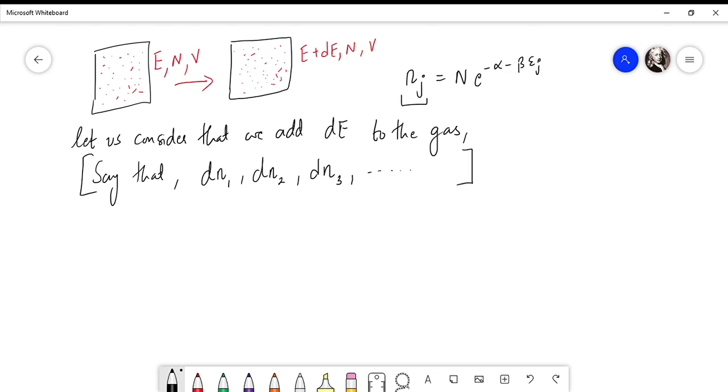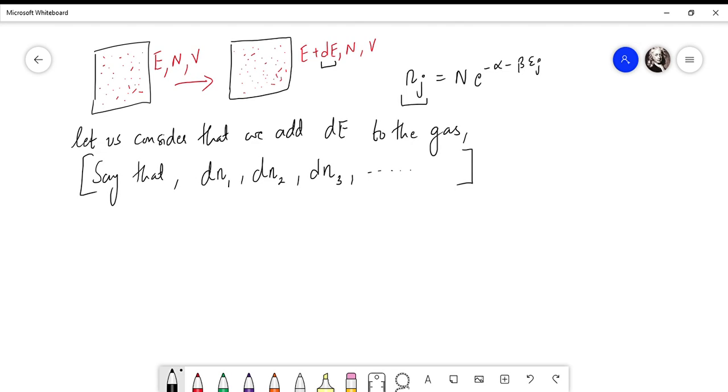Because there is a change in energy, some energy added, the number of particles having certain energy E1 will change. So let's account that change to be dN1, dN2, dN3, and so on.